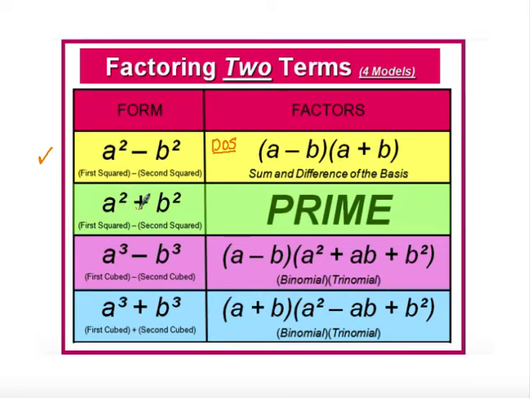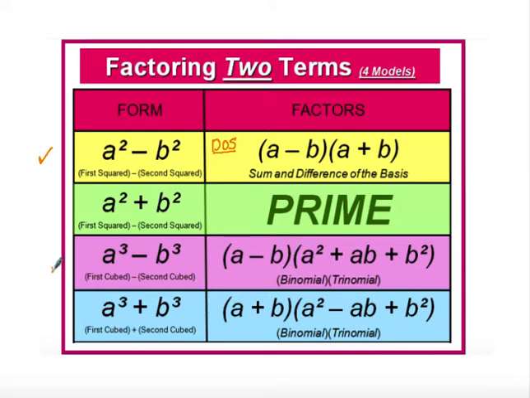Now this is the big one I need you to remember. We do have factors for a DOS, a difference of squares, but we don't have factors for a sum of squares. So when you come across this guy, say you would have x squared plus 100, it is not factorable. This is a prime, so you won't find any factors that will work if this is a plus and these two are perfect squares.